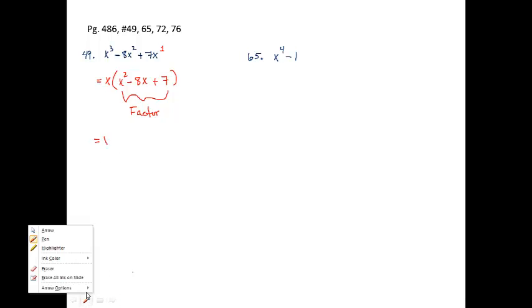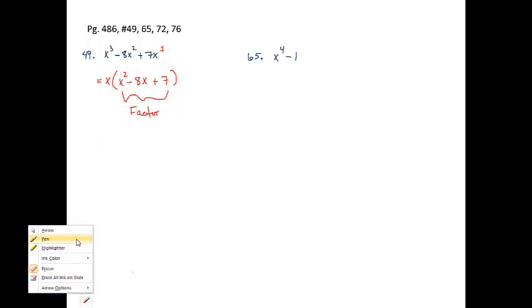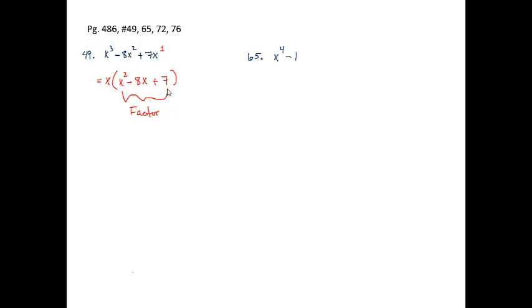And then I get to look on the inside here, and I still need to factor this. So I still have an x on the outside, but now I need to factor the actual inside of the group. There are 3 terms, and the leading coefficient is a 1, so I'm going to factor it using a, b, and c.